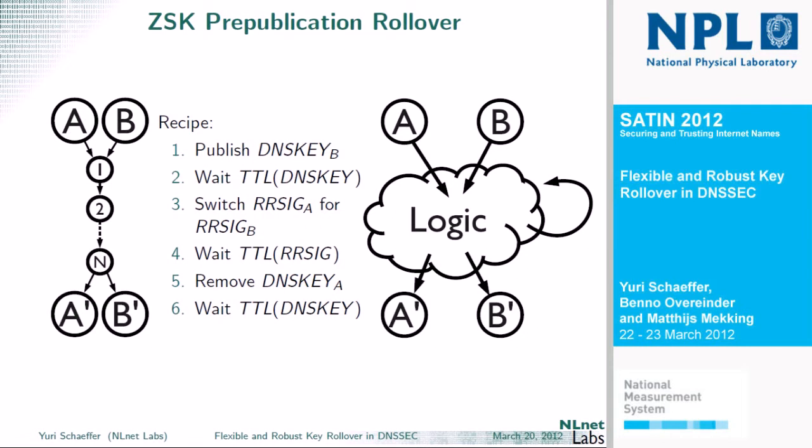This is my state machine, and then you've done a ZSK pre-publication rollover. On the right, the picture we saw before, we just have key A, B, and their target, and let's apply our general logic on it, and it will get there as well.